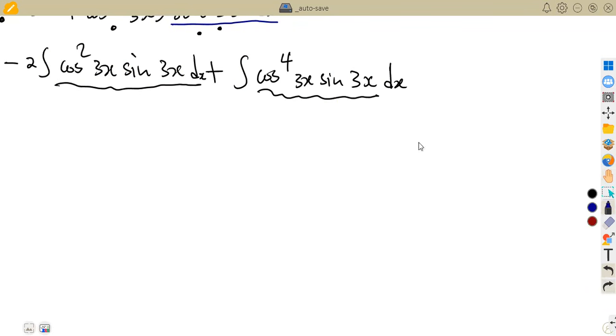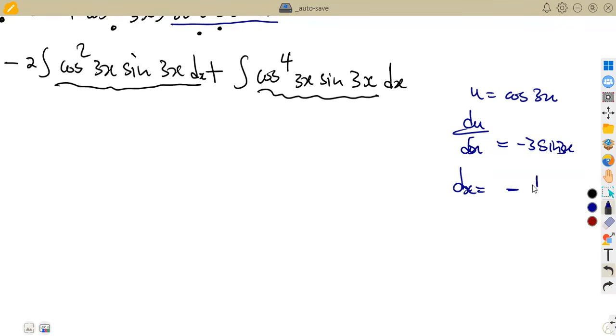We can choose u to be cos 3x, so that it can cancel with this sine 3x. If u equals cosine of 3x, the derivative of u with respect to x is negative 3 sine of 3x. Make dx the subject: dx is going to be minus du over 3 sine 3x. All right, that's it there.